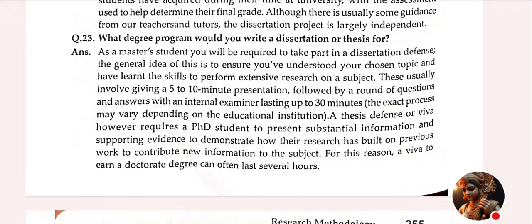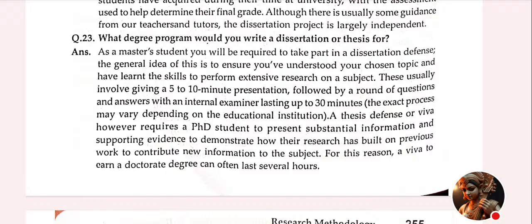These usually involve giving a 5 to 10-minute presentation, followed by a round of questions and answers with an internal examiner lasting up to 30 minutes. The exact process may vary depending on the educational institution.